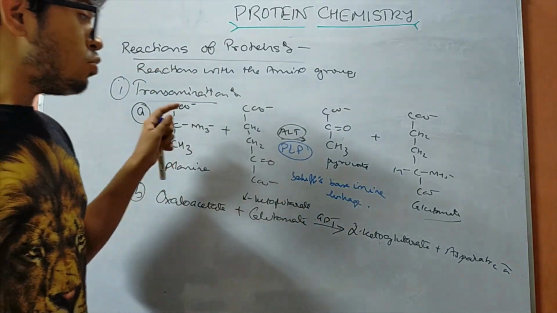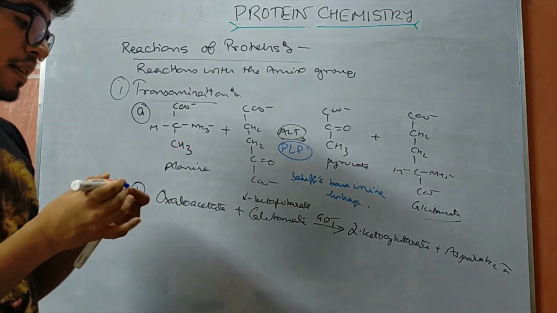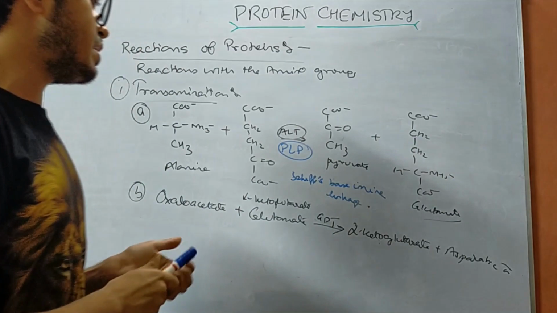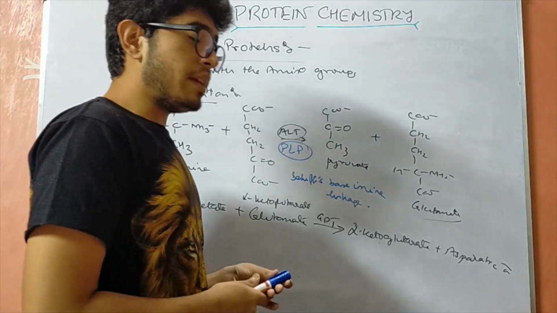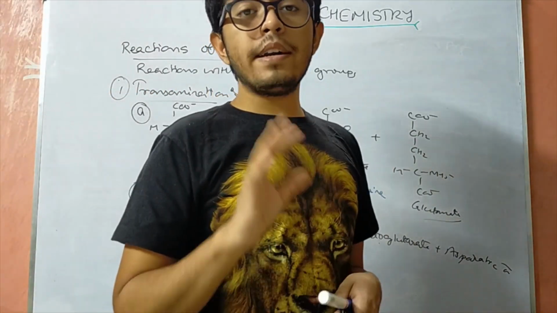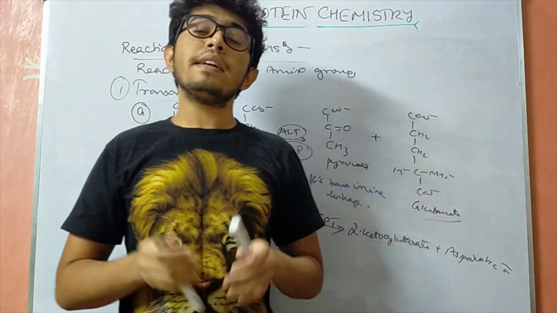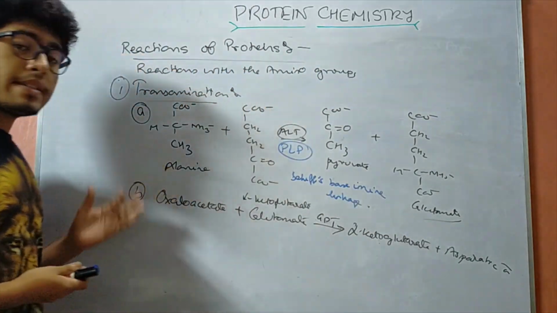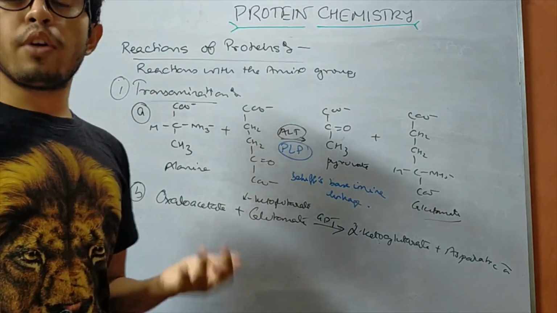These two reactions which we have already discussed in the transamination reaction are very important because they are the primary reactions which take place inside the liver and which decide whether your liver is working properly.